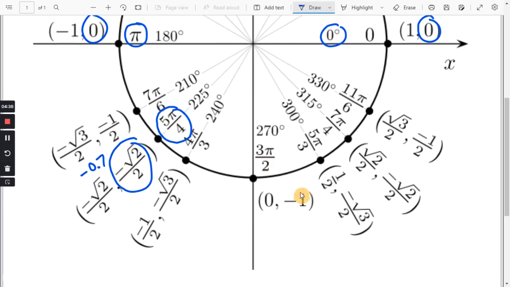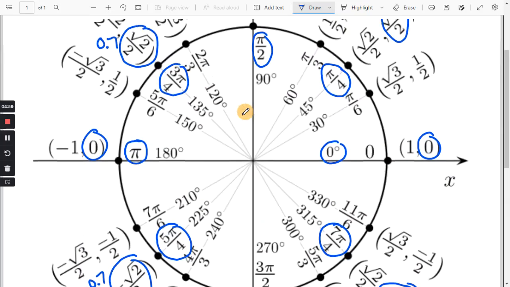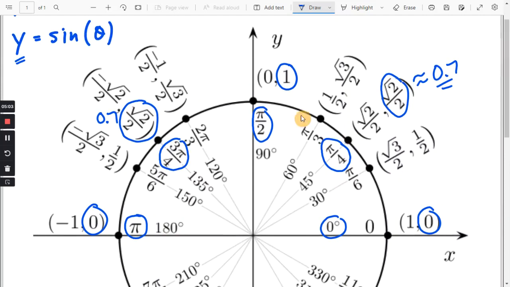At 3 pi over 2, we have negative 1. At 7/4 pi, we have negative 0.7. And then finally back to the start. This is 2 pi right here, because this is 360, this is 2 pi. So again, we're back to 0. So it basically cycles the same way it did in the first 90 degrees. It cycles around.